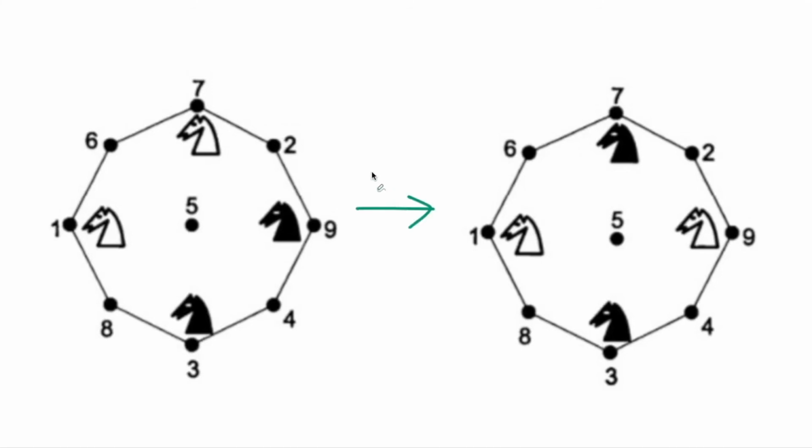What we see here is that a shift from state 1 to state 2 would require a reordering of the knights. From white, white, black, black, we would need to go to white, black, white, black. The reordering would be possible only if 2 knights were allowed to be at the same position at some point of time.